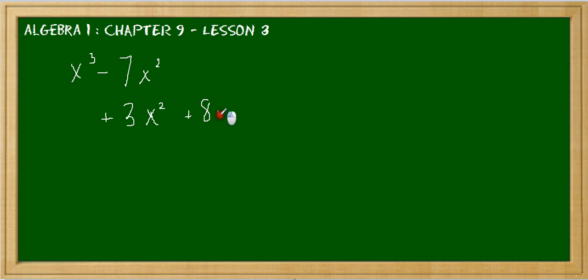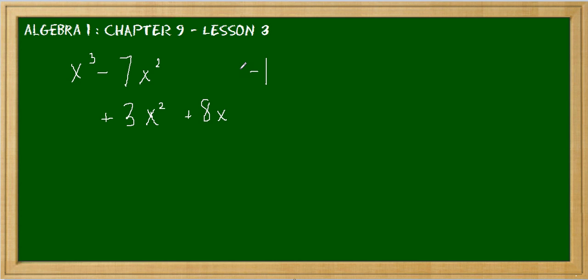Now notice that we don't have an x variable, or x to the first degree. So we're going to leave a little space there, and we're going to put -1 over here. So here we have this x cubed minus 7x squared. There's some space, but then eventually we're going to subtract the 1. So it's kind of just space there.